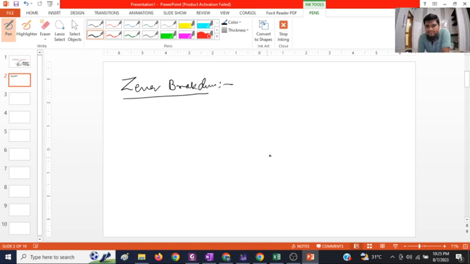To understand Zener breakdown, first of all, you should understand what will happen to a PN junction when it is reverse biased.